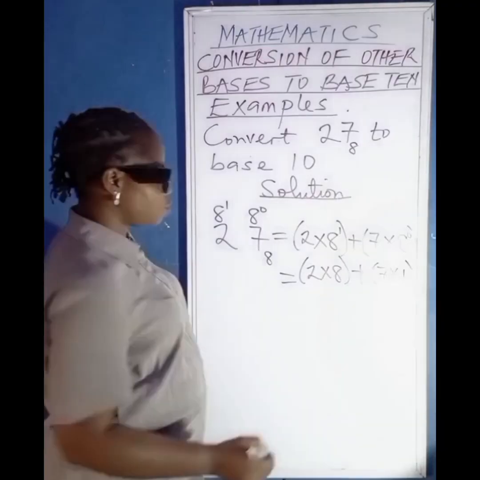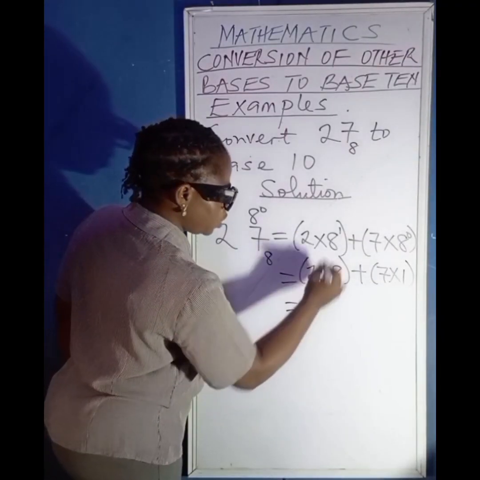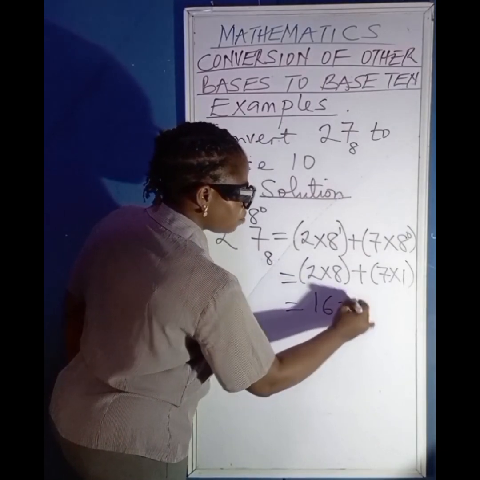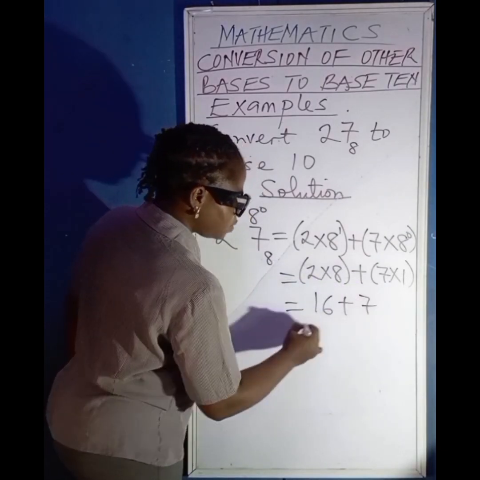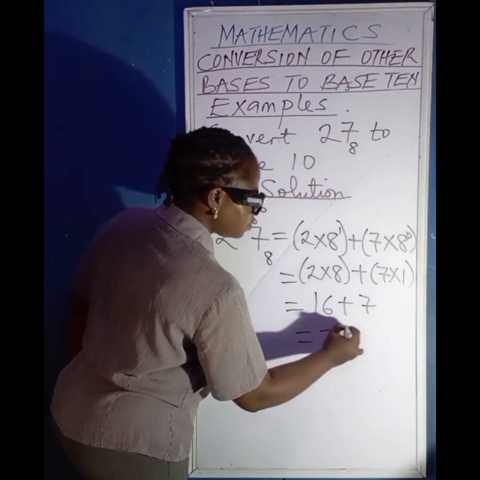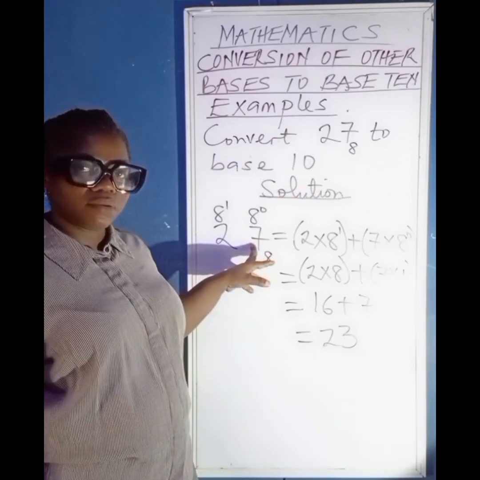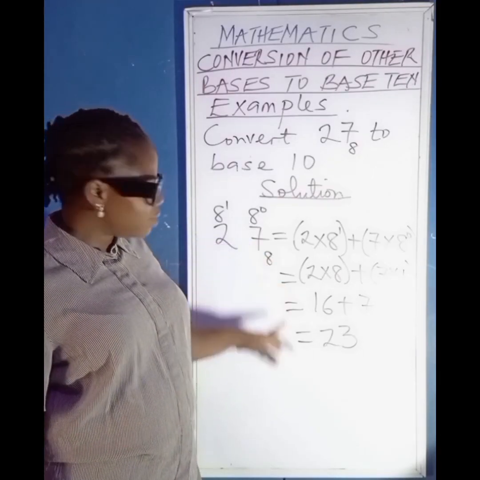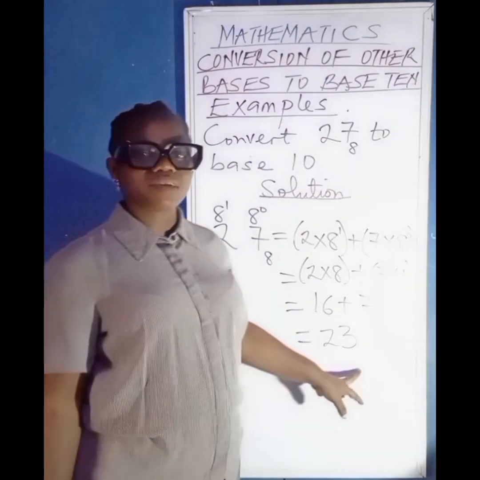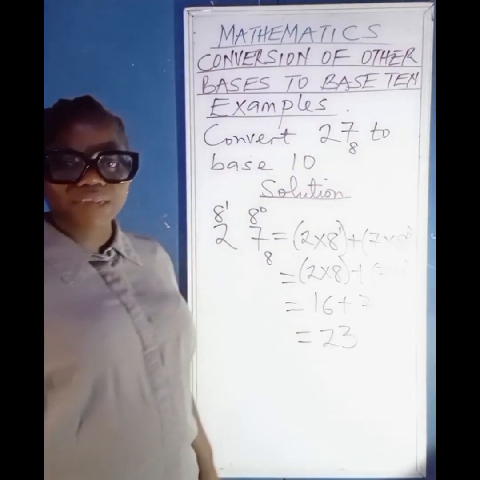So that is 7 times 1, which gives 16 plus 7. 16 plus 7 is 23. This means that 27 base 8 is equal to 23 in base 10.